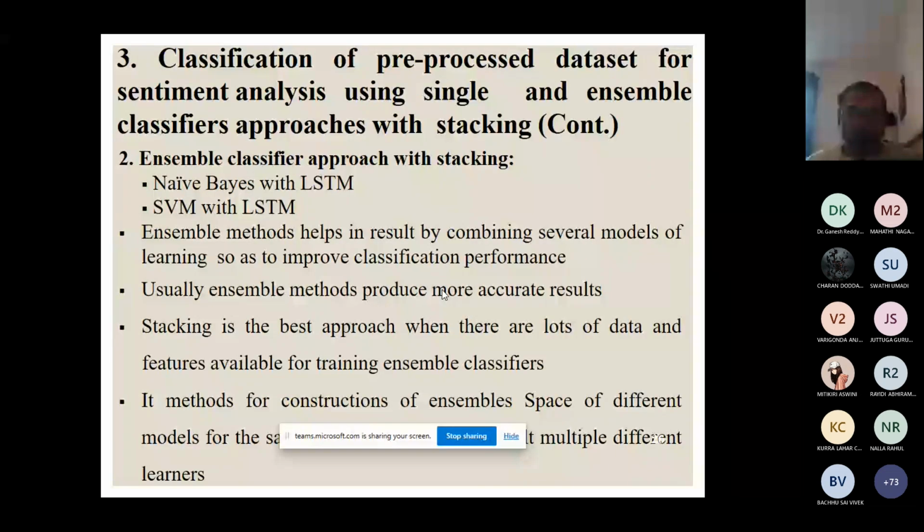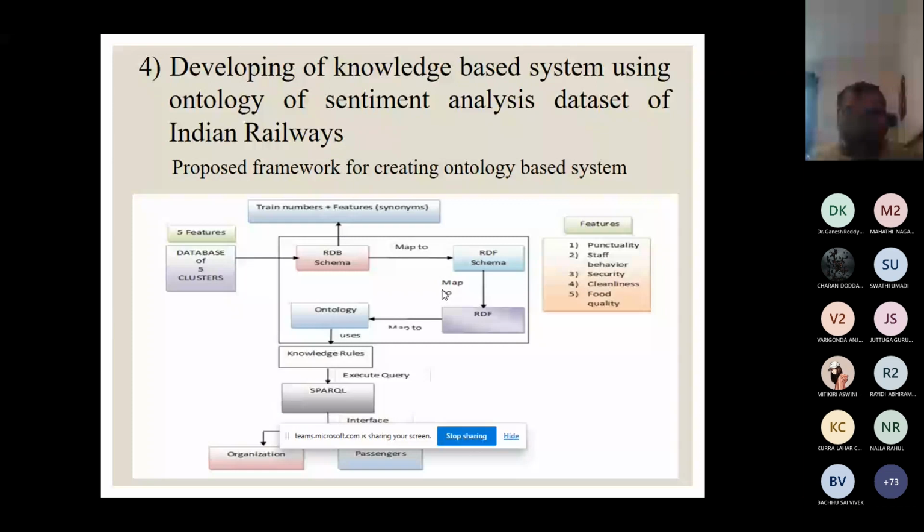The last module of my work is on ontology. Why are we developing a knowledge-based system using ontology for semantic analysis data of Indian Railway? This is the basic diagram of it. The databases have an RDB schema, and we apply the resource description framework.